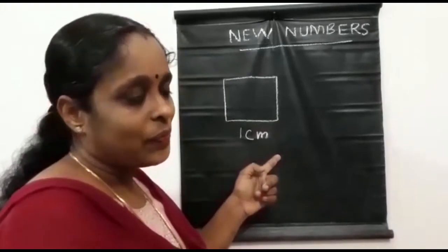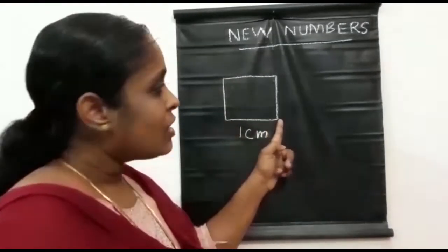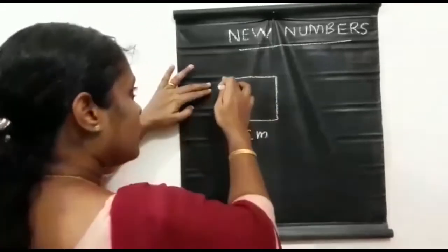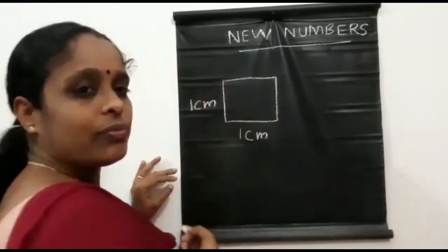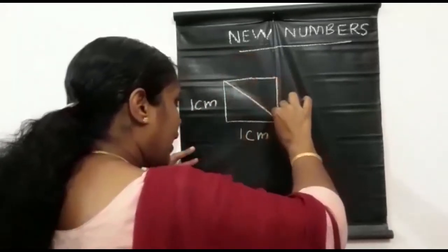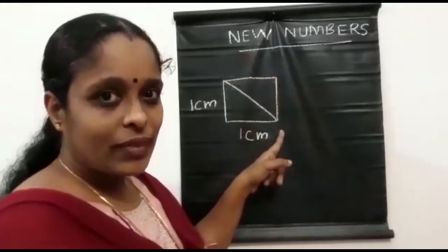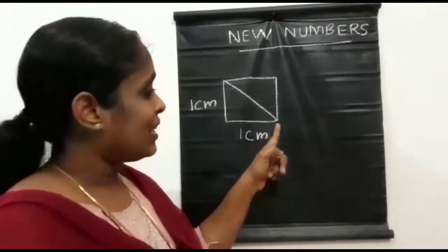That's your choice. So, this side is 1 centimeter. This is a square. So, the length of this side is also 1 centimeter. Now, I draw a diagonal here. Now, I want to find the length of this diagonal.